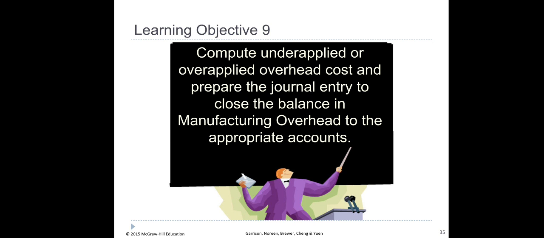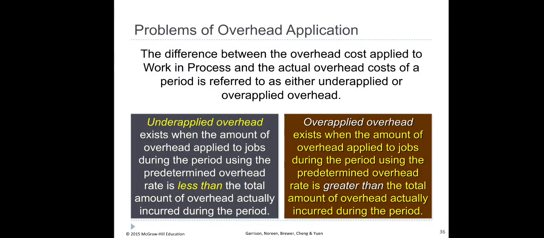Okay, let's see. Problems of overhead applications. When you calculate the total cost for a job, for the overhead cost you use applied overhead. When you use the applied overhead, you use the estimated or budgeted data.